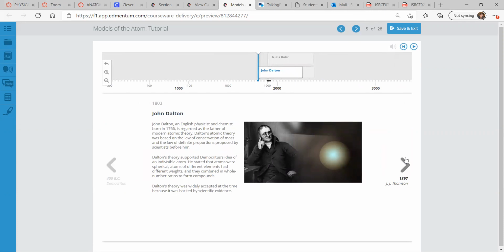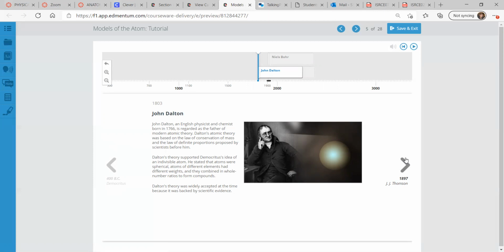Later, in 1803, we have John Dalton. He was an English physicist and chemist born in 1766. He's regarded as the father of modern atomic theory. Dalton's atomic theory was based on the law of conservation of mass and the law of definite proportions proposed by scientists before him.